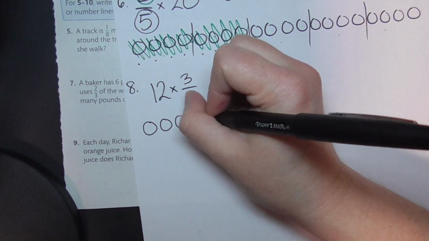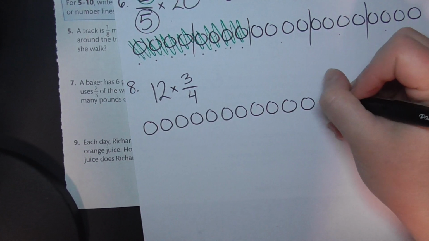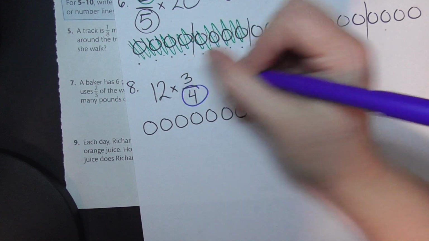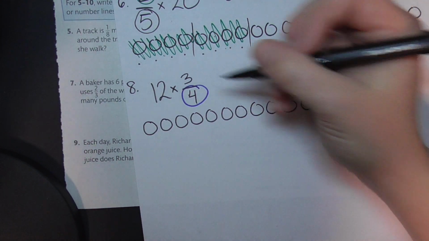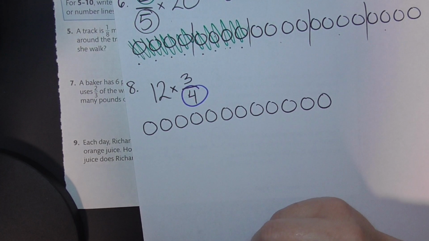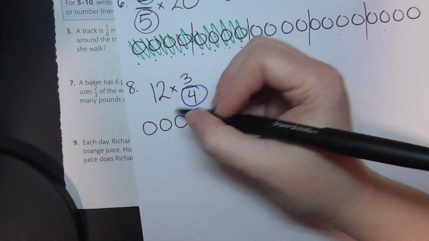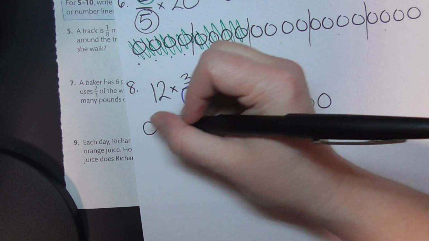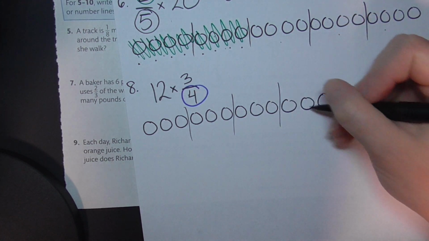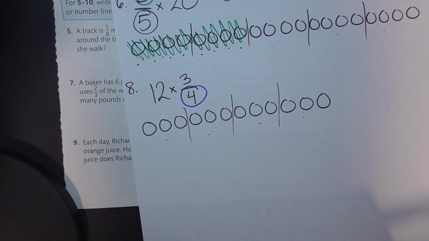So I'm going to do 12. 1, 2, 3, 4, 5, 6, 7, 8, 9, 10, 11, 12. And I know that my bottom number is 4, which means I'm going to need 4 equal groups, and 12 divided by 4 is 3, so I'm betting I'm going to have 3 parts in each of my 4 groups. So 4 groups of 3.